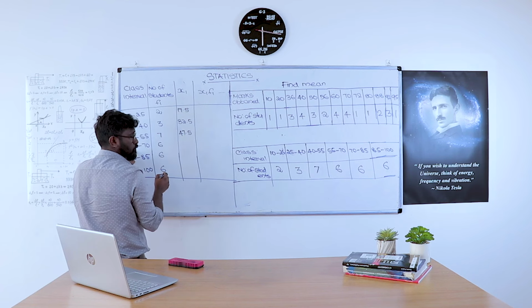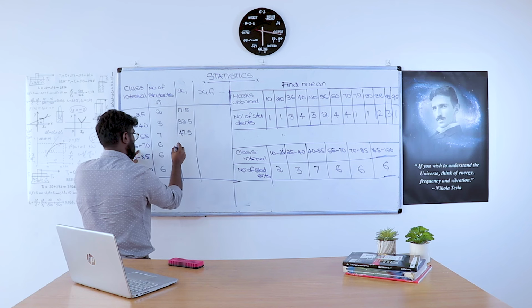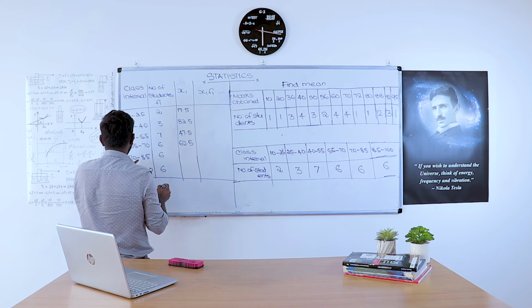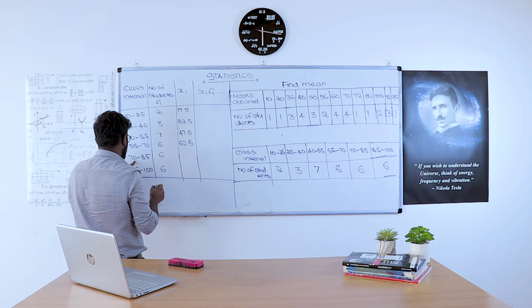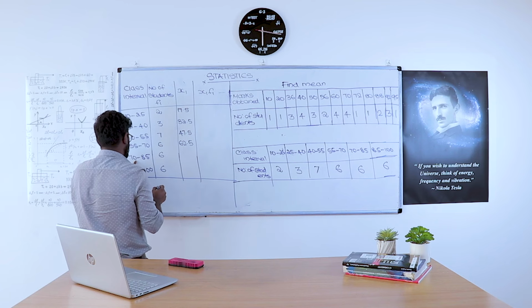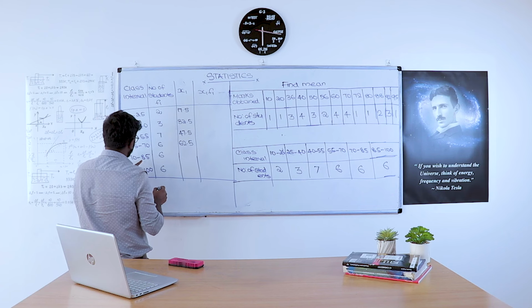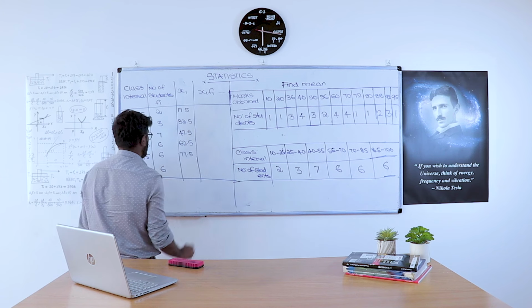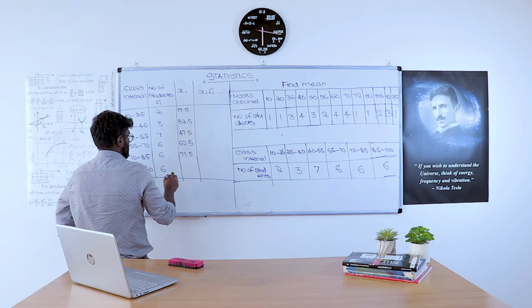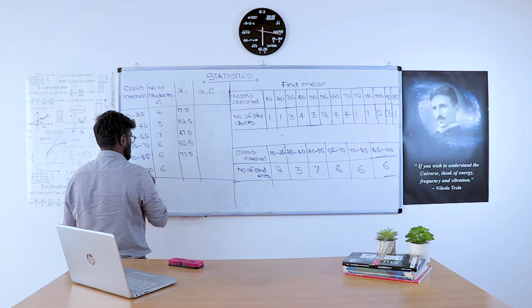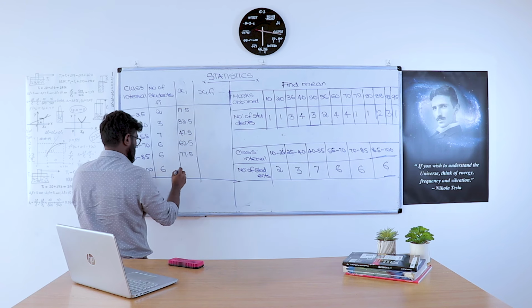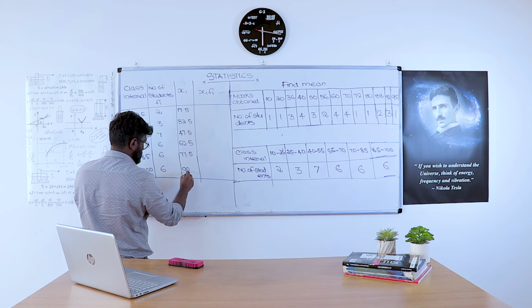70 plus 55, 125. 125 by 2 is 62.5. 85 plus 70, 155. 155 by 2 is 77.5. 100 plus 85, 185. 185 by 2 is 92.5.